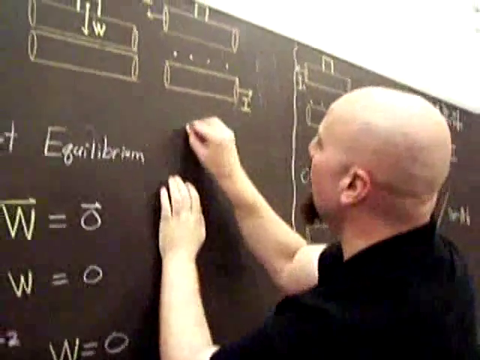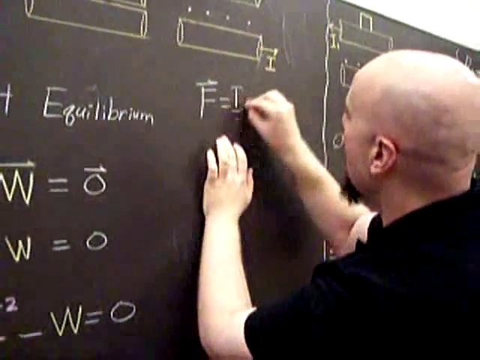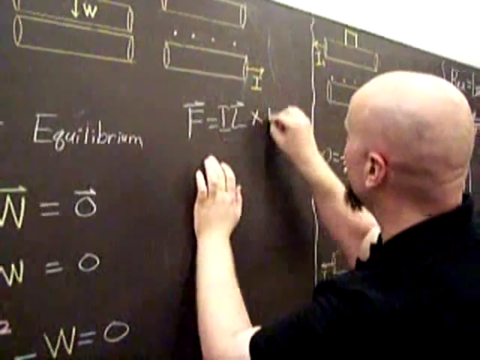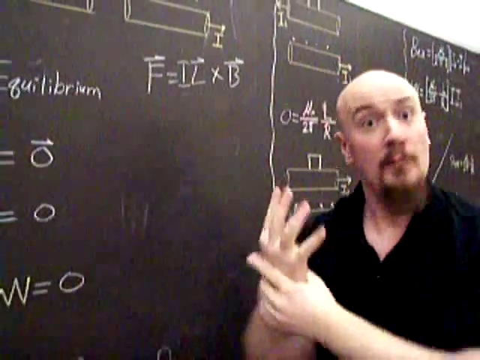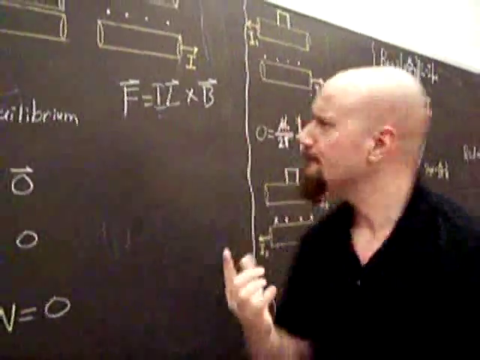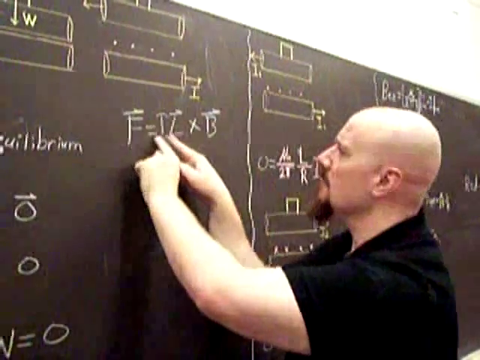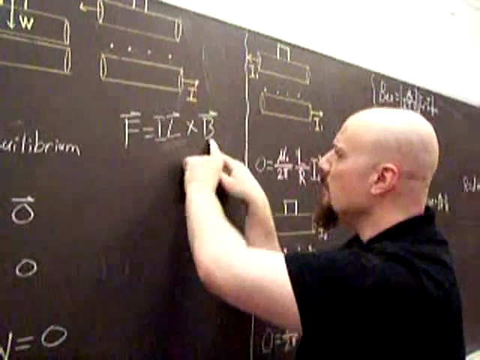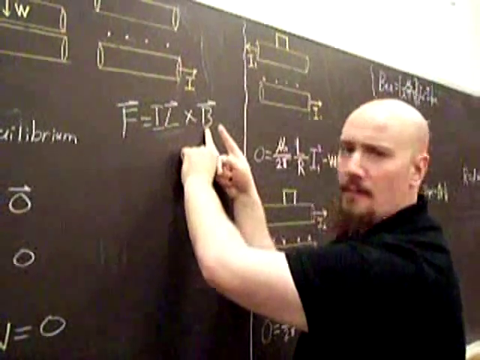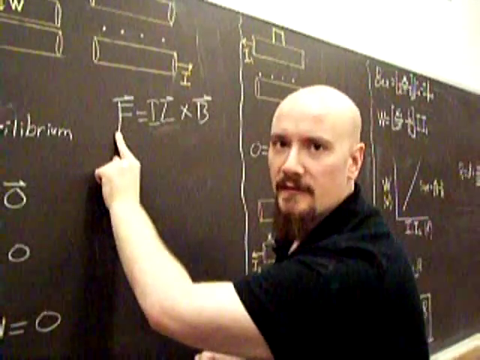Once again, the force is I L cross B. So we need a right-hand rule again, but a different variety. Our index finger needs to be in the direction of the current, our middle finger in the direction of the magnetic field, and then our thumb will give us the direction of the force.